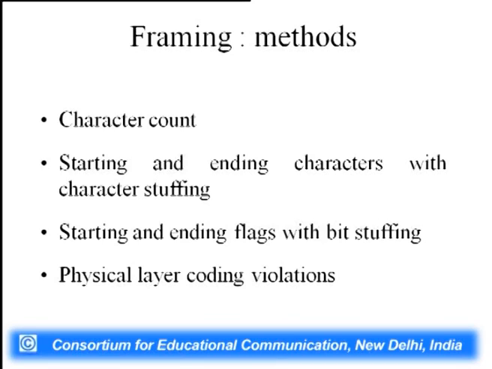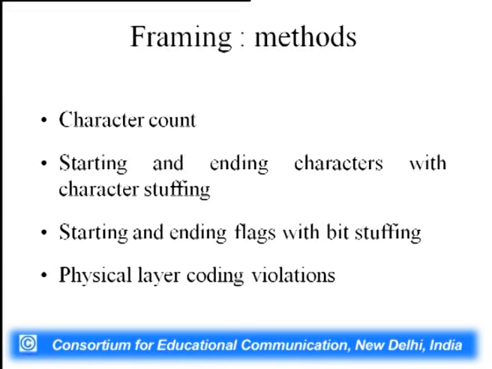One is that we can have a character count. If I am sending characters, A, B, C, D, like this, and one frame sends 10 characters, then the other frame transmits 10 characters. How do I differentiate between two frames? Each frame may have a separate starting pattern of characters and a separate ending pattern of characters. That is what is called character stuffing.